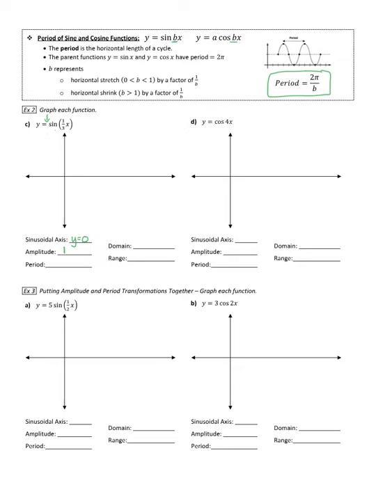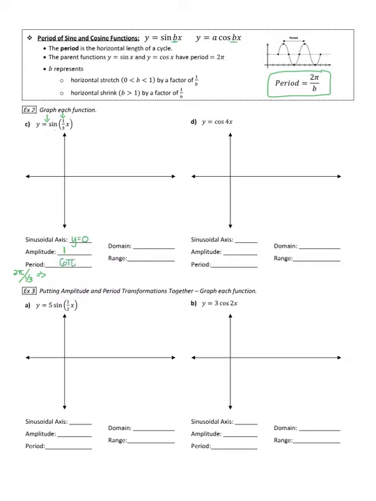Now my period, because I do have this 1/3 here, is going to be 2 pi divided by 1/3, because that's the B value. I can invert and multiply, and that becomes 6 pi.